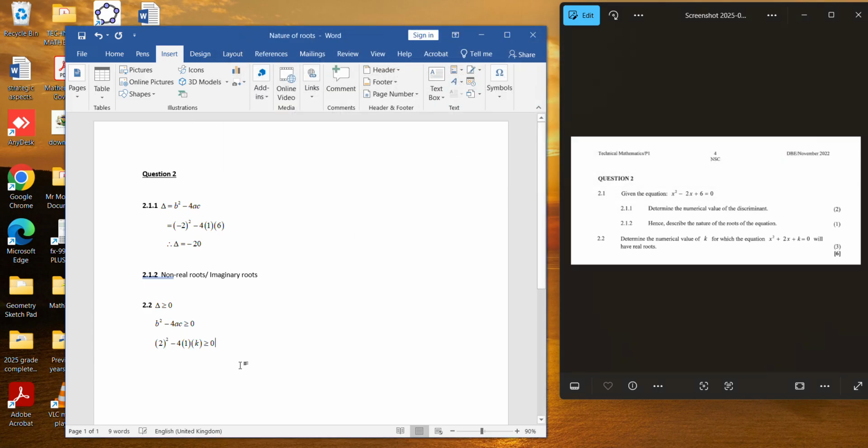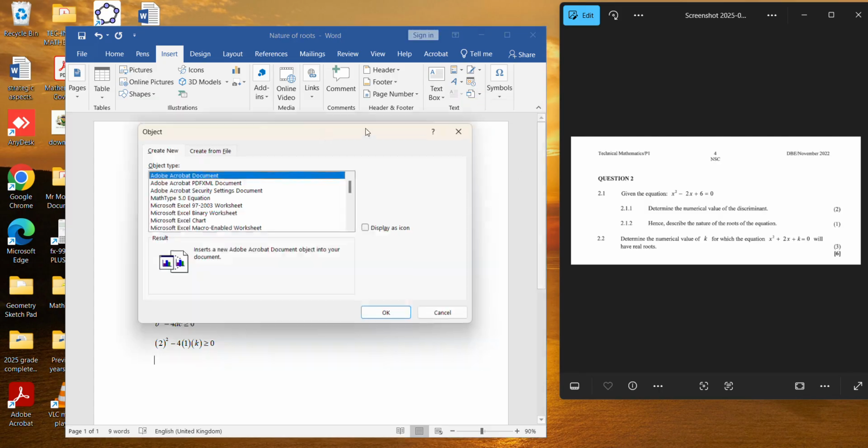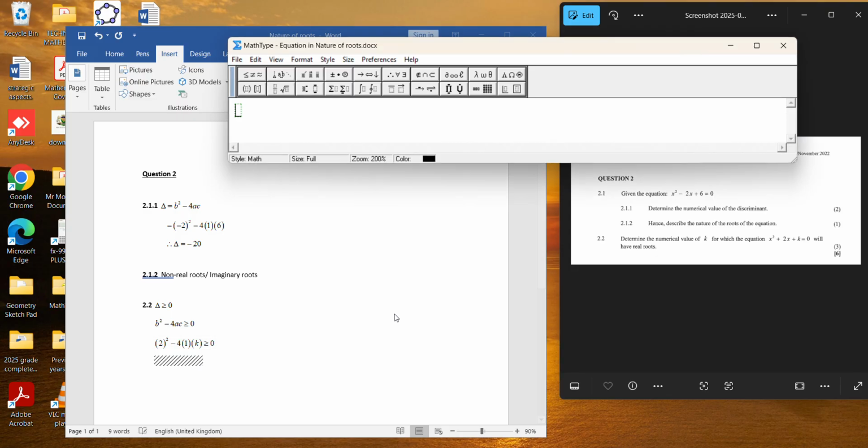Now we go on. From there, we need to simplify what we have here. Let us simplify. Then we know that 2 squared results to 4. Minus, then remember a mathematical bracket means multiply. Then 4 multiplied by 1 is 4. Then 4 multiplied by k results to 4k. That should also be greater than or equal to 0.